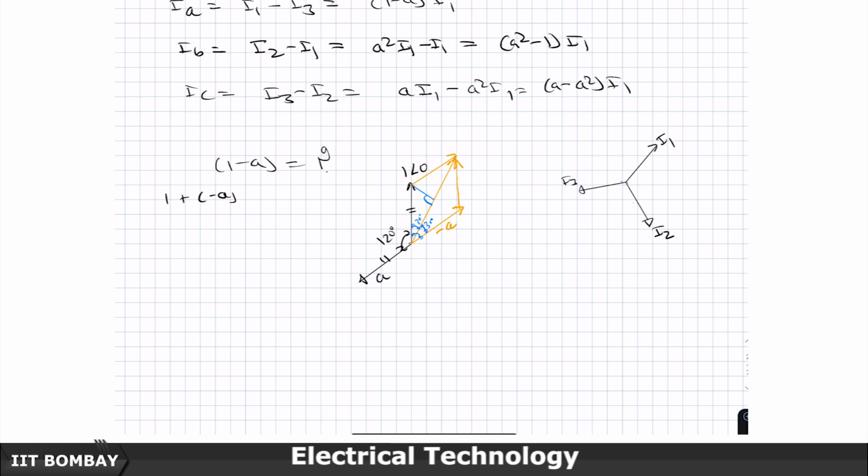So, this one projected here becomes of length 1 cos 30 degrees, which is going to be root 3 by 2, and by symmetry this one is also root 3 by 2, because this length is 1 and this angle is also 30 degrees, it being an isosceles triangle. So, this whole length is going to be equal to root 3.